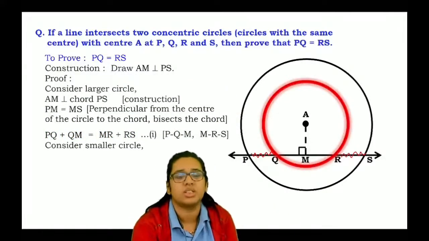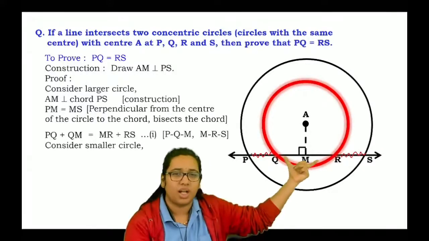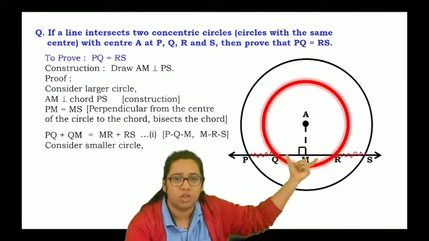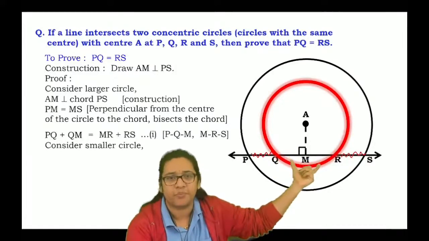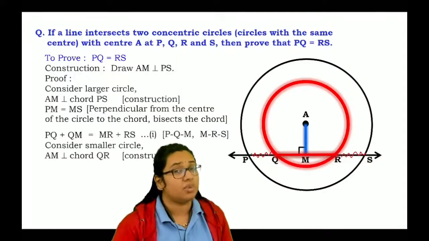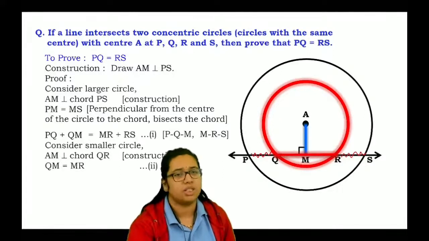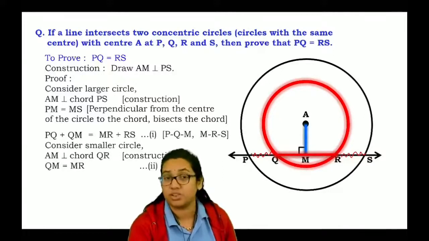So now just consider the smaller circle. For that smaller circle, QR will work as a chord. Are you getting this point? QR is a chord, and AM is perpendicular to the chord QR.